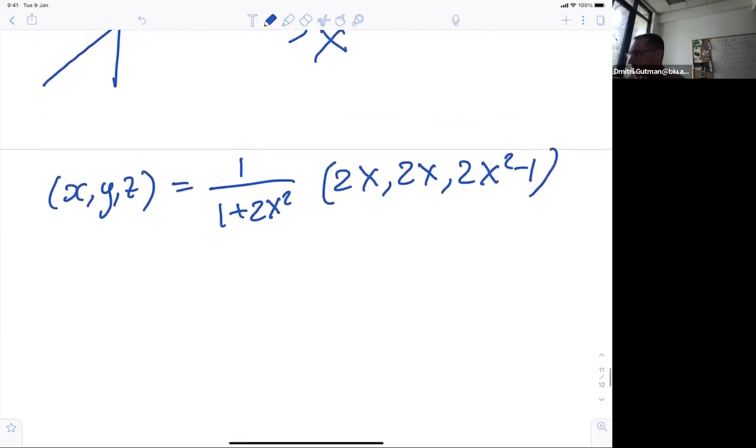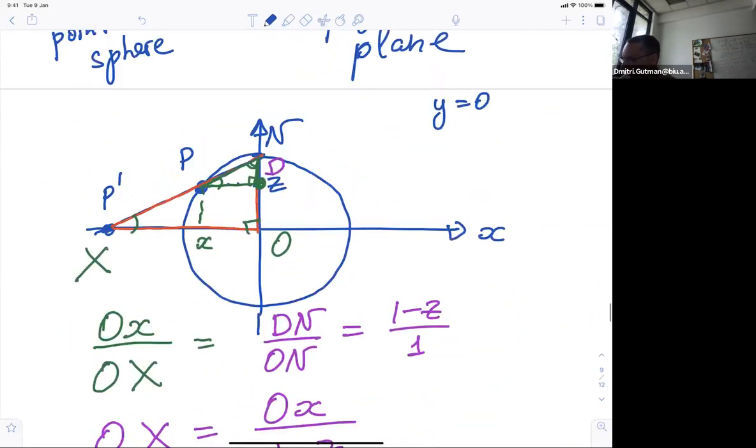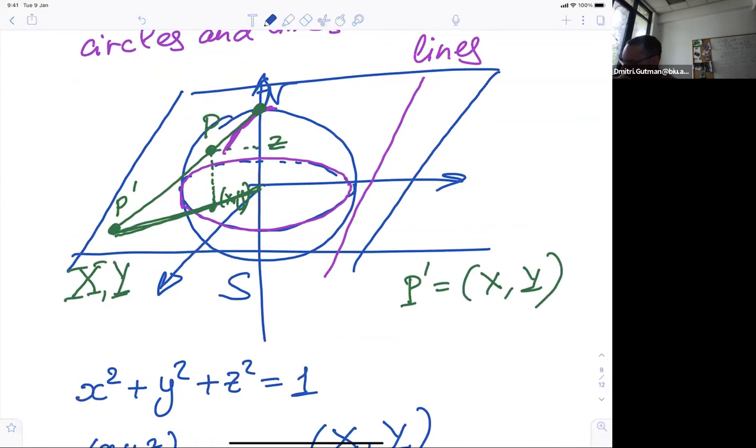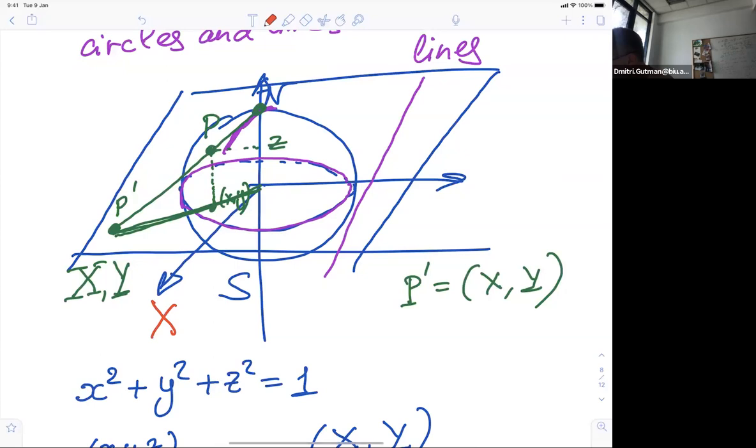What is this line? First of all, we see that its x component and y component are the same. So you need to imagine that it's something that happens on the cross section of the sphere. Let me try to draw it. Going back to the Riemann sphere, let me use a different color. This will be our x-axis, y-axis. I need to go somewhere here where x is equal to y.